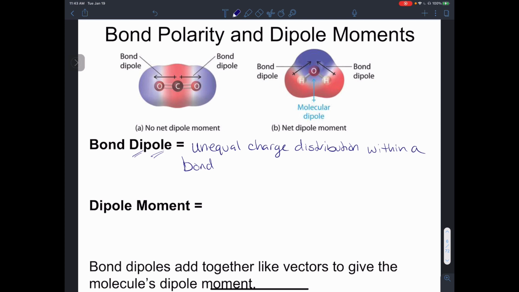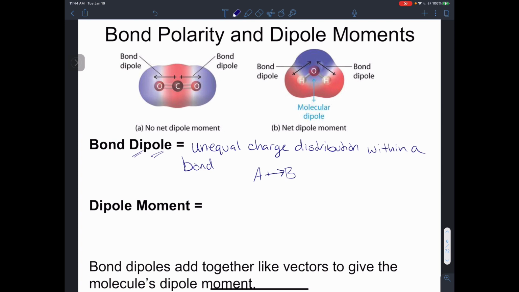So with unequal charge distribution in a bond, where elements are bonded together, such as A and B, if B is more electronegative than A, remember it'll have a stronger pull on the shared electrons, leaving A with somewhat of a positive charge in its region because it has fewer electrons, and B with electrons pulling more towards it.